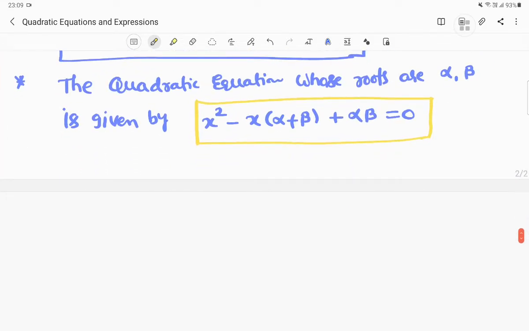So we can write it as x square minus x into alpha plus beta, the sum of the roots, plus alpha into beta, the product of the roots.